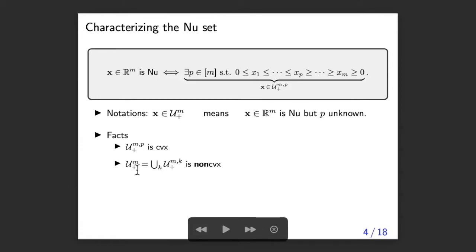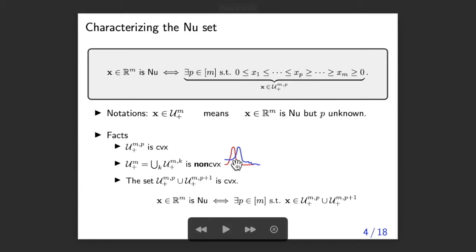For the NU set where P is unknown, it's non-convex. For example, we have two NU vectors here. These two vectors are NU, but the union is not NU. If the tips of these two vectors are closer together, such that the changing point P is a consecutive number, then this union set is in fact convex.